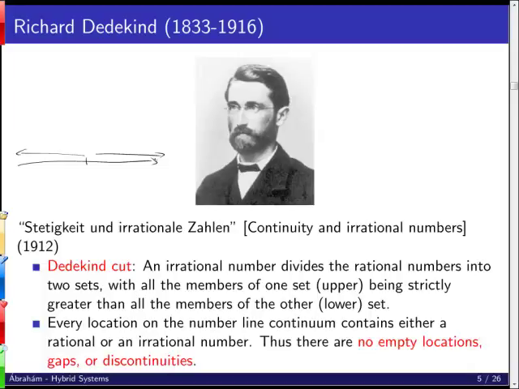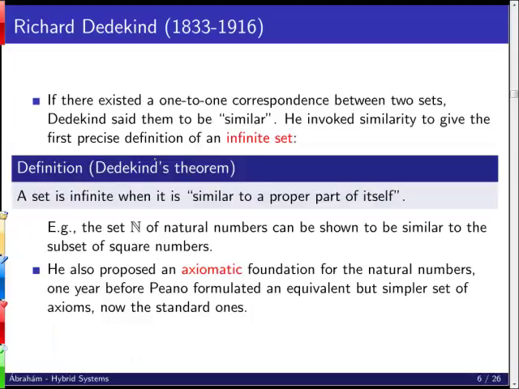Okay, so now we have the two domains: the natural numbers and the real numbers. And then, on the point of infinity, Dedekind was the one who formalized infinity. This is also a very important point. Firstly, he defined something like similarity of sets or of domains.